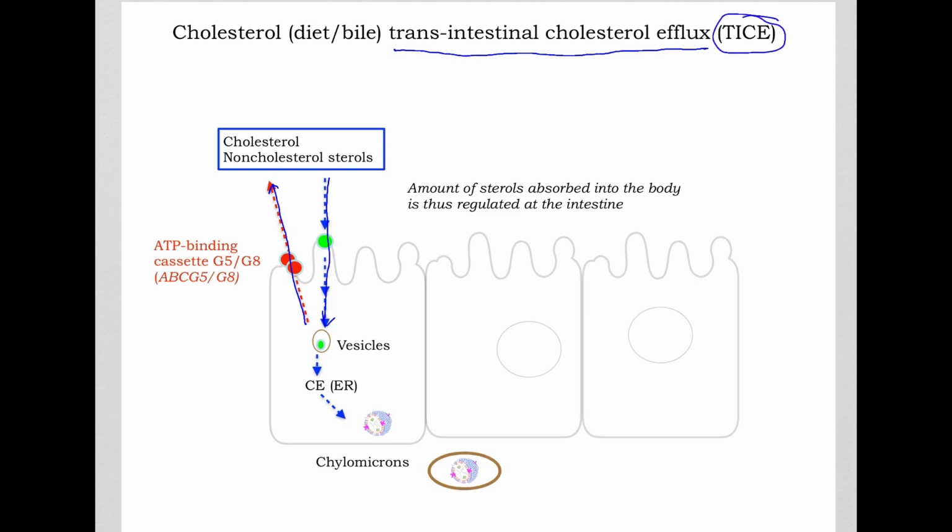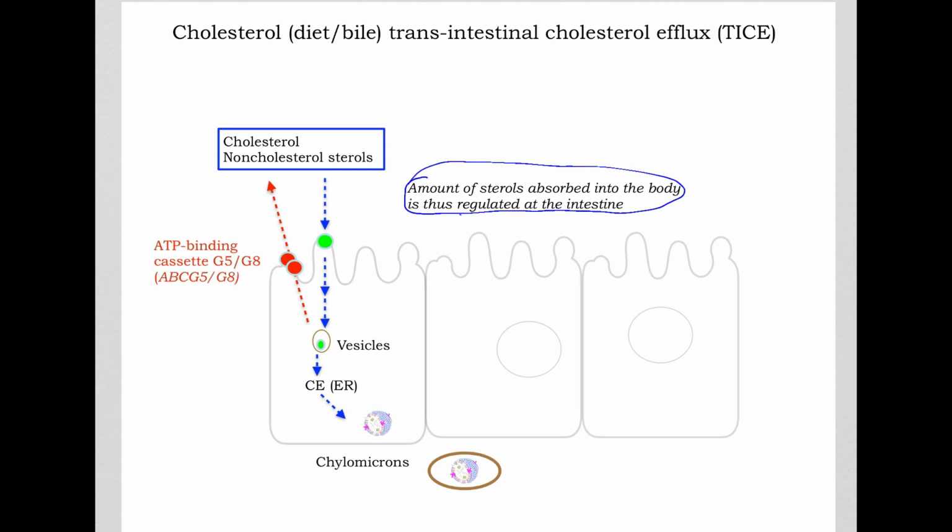So the protein ATP binding cassette G5G8, ABCG5G8, this protein here can actually remove cholesterol from the cytoplasm and send it back into the cavity for subsequent excretion into the feces. So this means that the amount of sterols that is absorbed into our body is regulated at the intestine. How much is taken in and how much is exported out or removed back into the intestinal cavity.